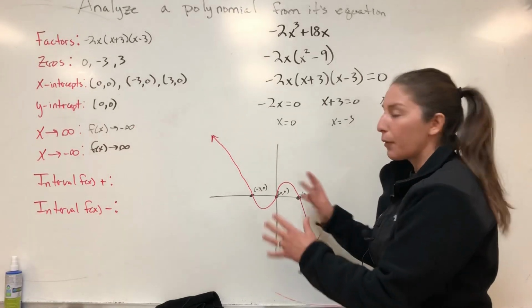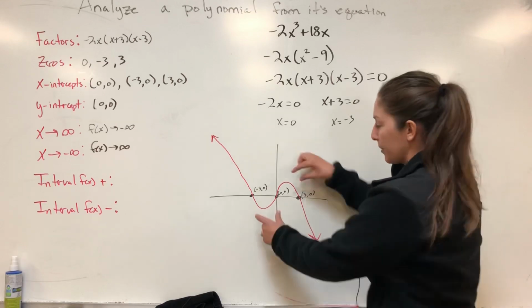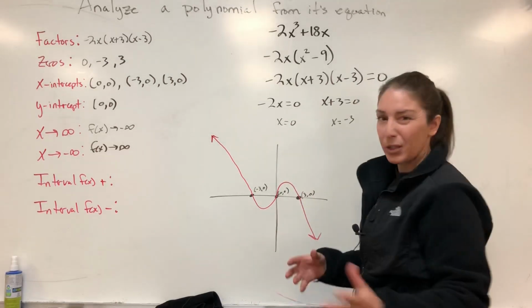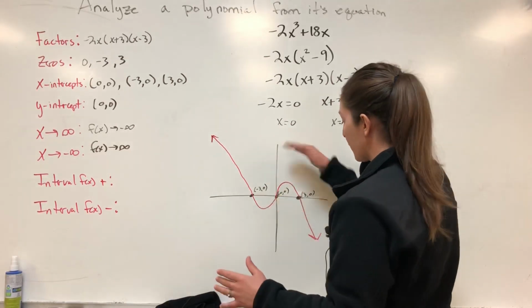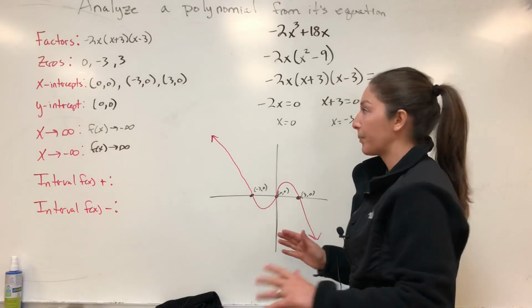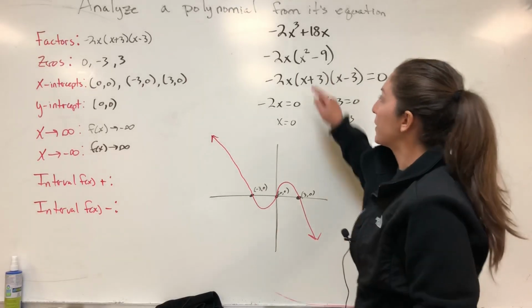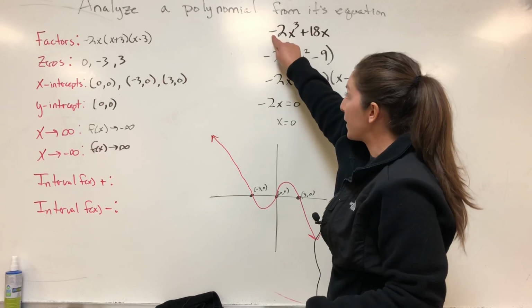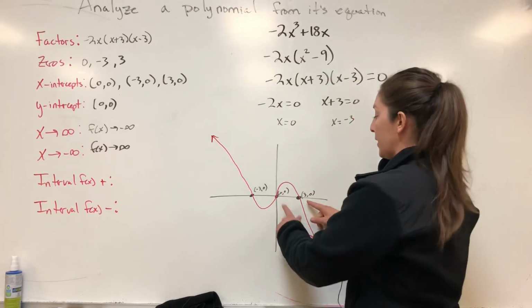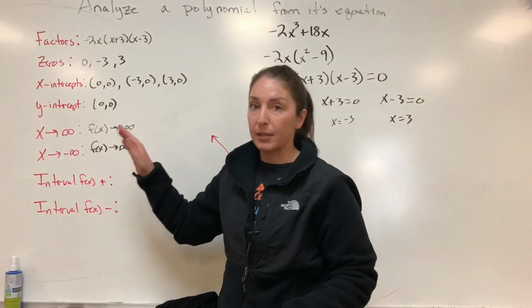So this is roughly what this graph looks like, and these can be bigger or smaller or thinner, but this is the general thing that's going to happen here. I know this because it's an odd polynomial, it's negative, and I also know that it hits here because I figured out where my x-intercepts are.